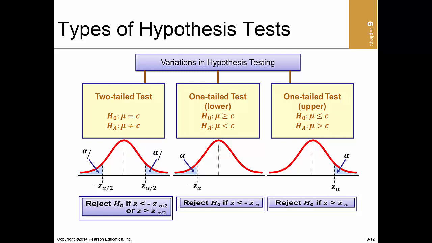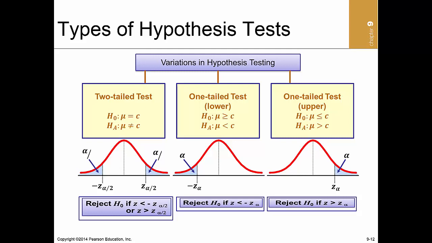The middle example is a lower tail test. The null hypothesis is formulated as mu is greater than or equal to some value c, and the alternative is that mu is less than c. So we're going to test that, and if we get a p-value smaller than alpha or a z less than negative z sub alpha, we would reject the null. And then an upper tail test is simply the converse of what we just said for a lower tail test.